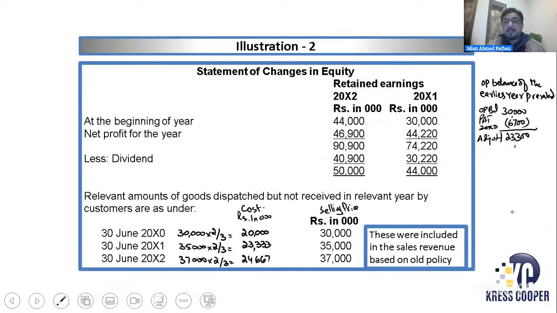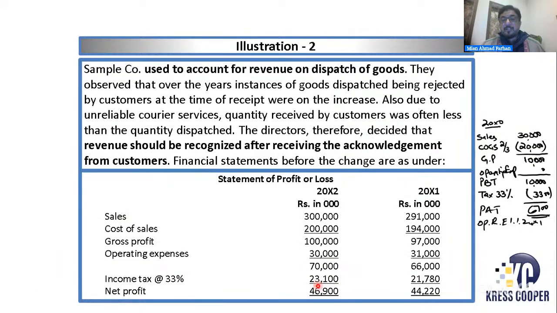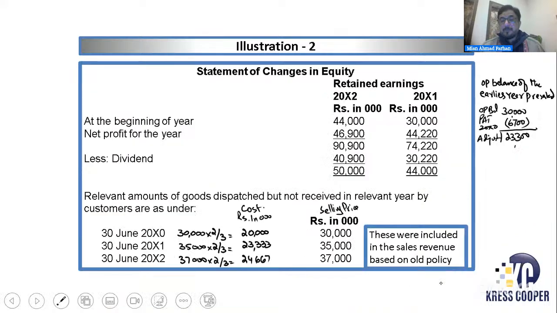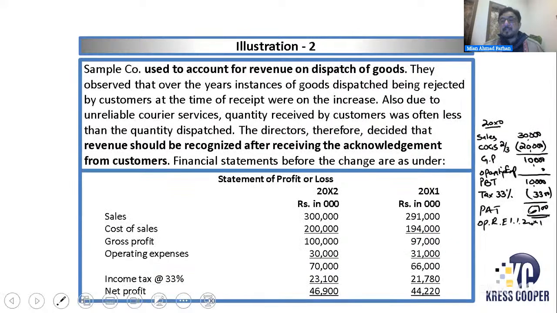Now just come up and see that this is the part of this scenario. The opening balance is provided. Okay, and the profit we took from the financial statements 46 and 44. This is the amount of dividend paid. So this will be changed, 46 and this 44, along with the change in this 30,000. This 30,000 opening balance will be impacted with the 6,700.